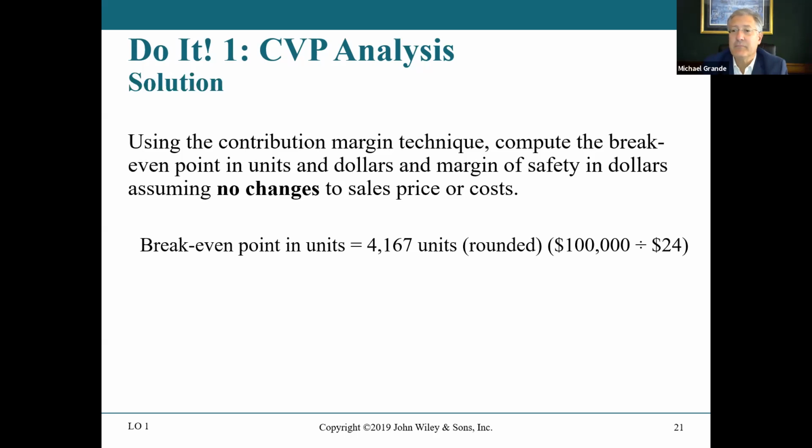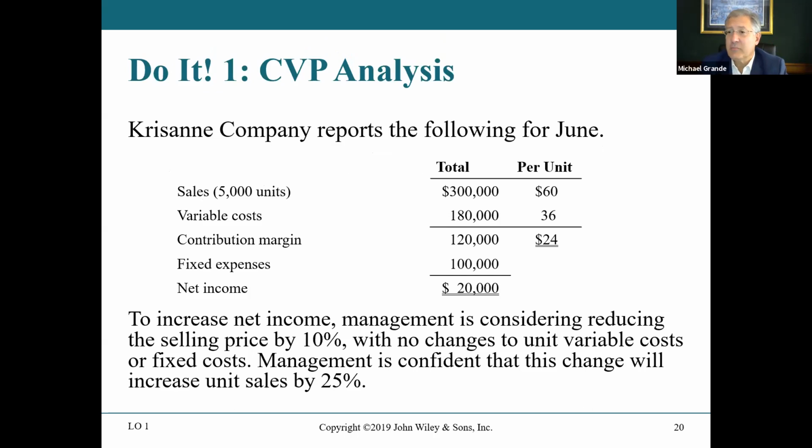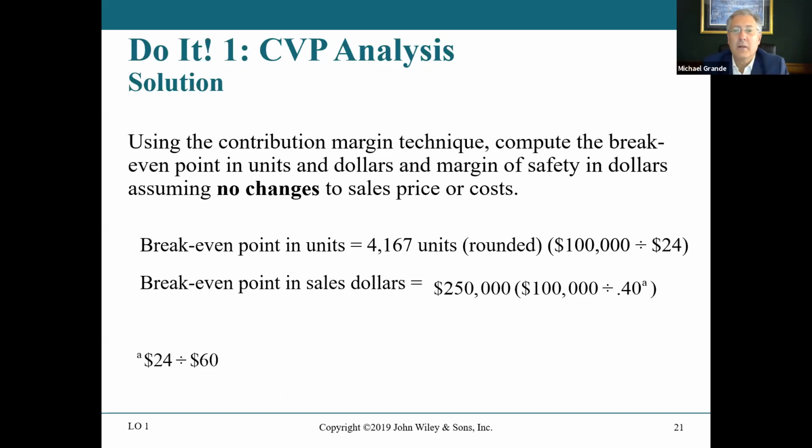Break-even point, 4,167 units, which again is the fixed cost divided by the contribution margin per unit. So look back, the contribution margin per unit is $24. The fixed cost is $100,000. That's the number of units they need to sell. This is what the break-even point in sales dollars has to be.